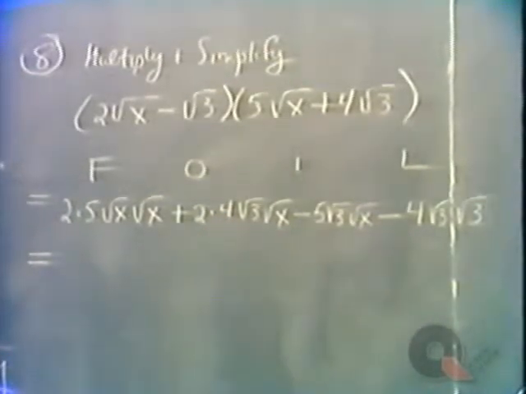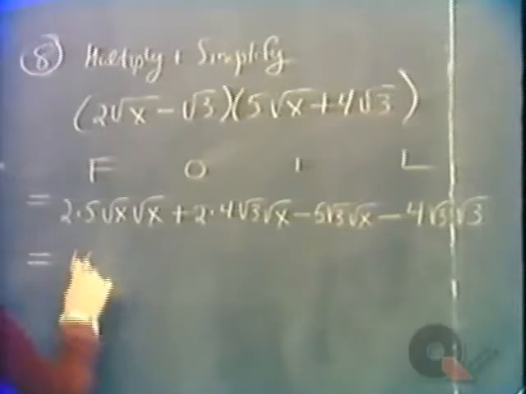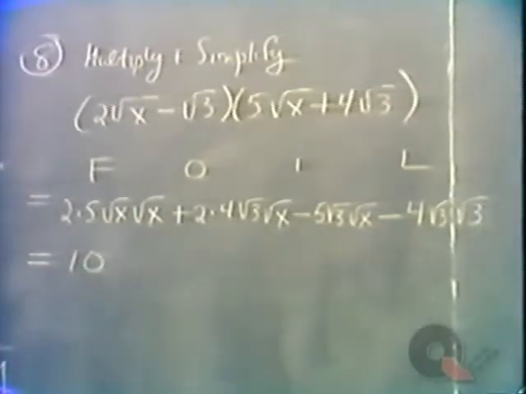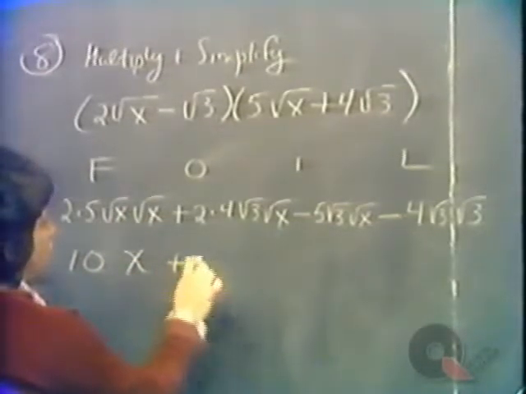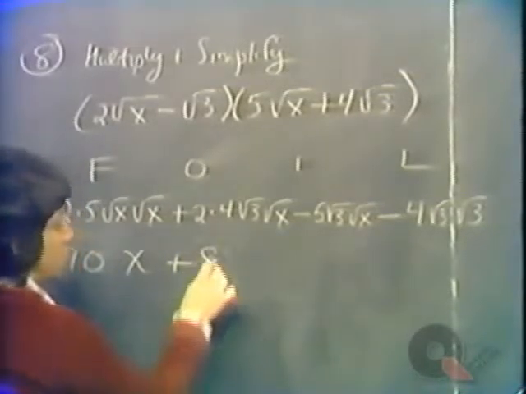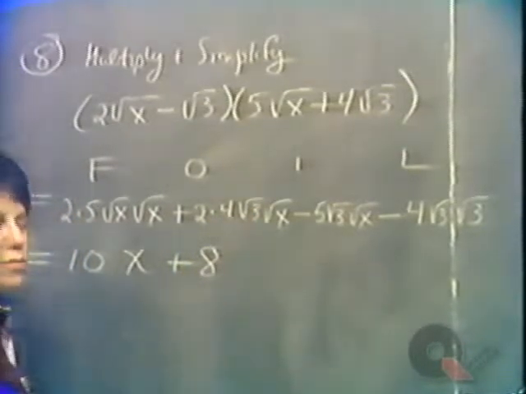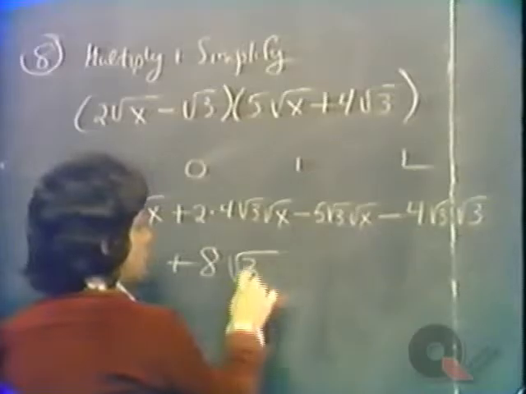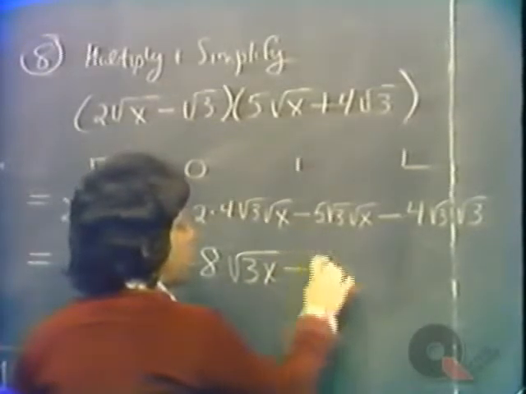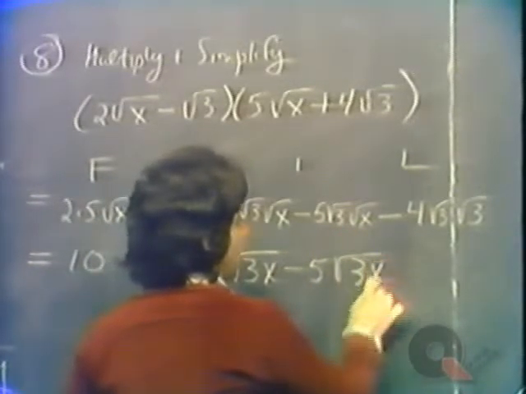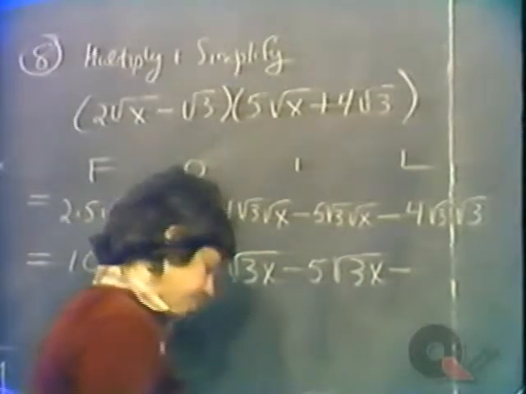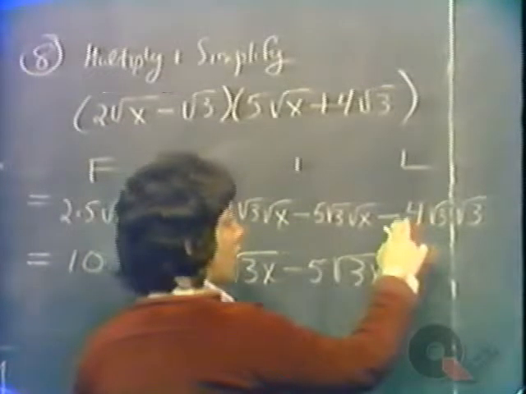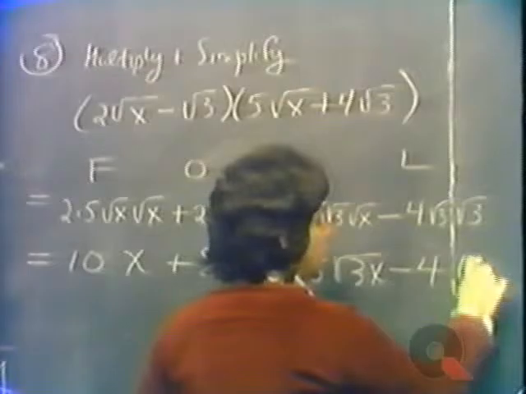Giving us 2 times 5, that's 10. The square root of x times the square root of x, it squares out, just gives us x. Plus 2 times 4, that's 8. The square root of 3 times the square root of x is the square root of 3x. Minus here 5, the square root of 3x. Minus 4 times 3.